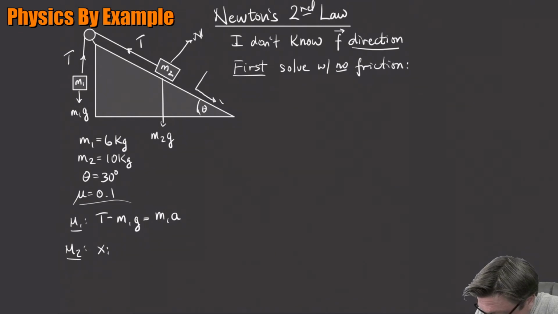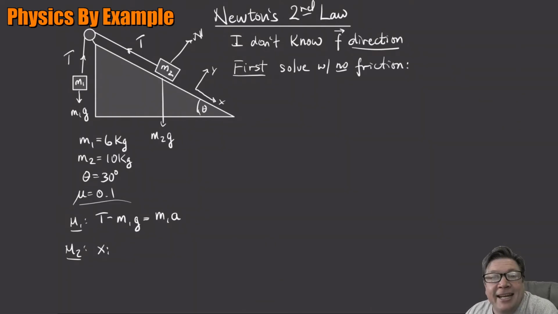Remember this: we've got our X running down the plane for M2 and Y going normal to the plane. This is okay. We can have two independent coordinate systems. One can be weird and the other one can be regular. We'll tie them together with the accelerations. I can assign whatever coordinate system I want to each mass as long as I constrain them right at the end. I'm going to be okay.